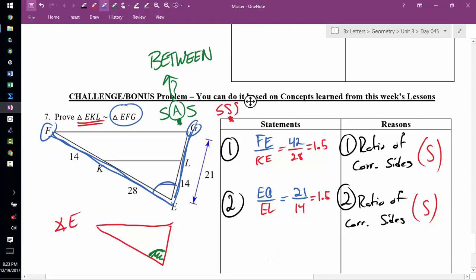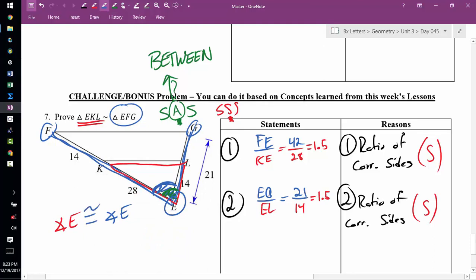And the angle has to be in between those sides. It's got to be angle E. And what can you tell me about that blue angle E and the angle E from the red one? They have to be congruent because they're the same angle.